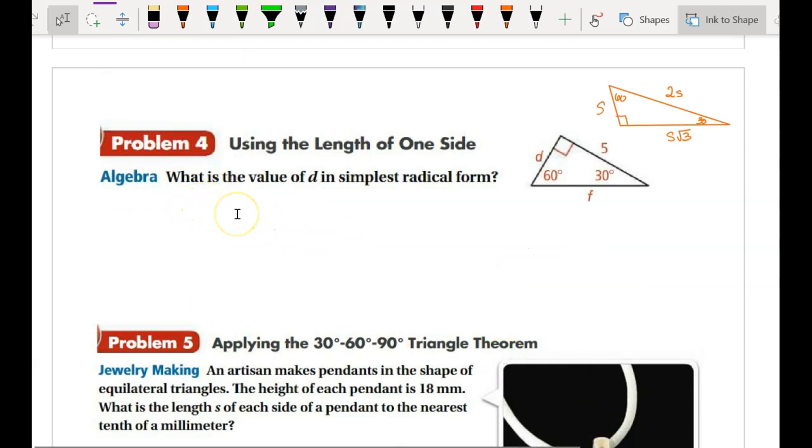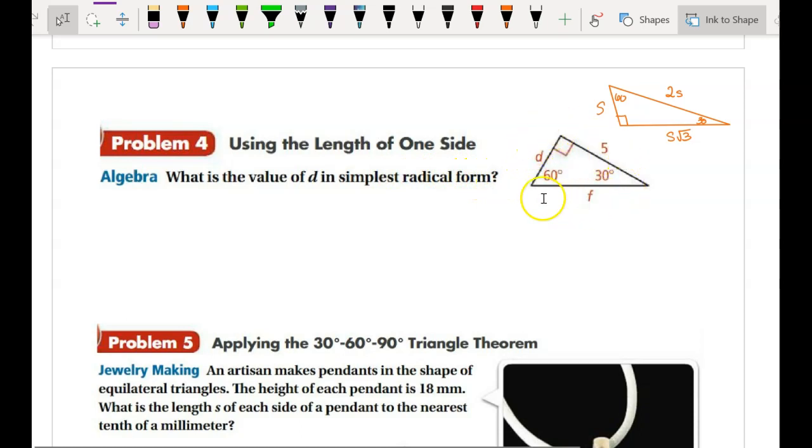Okay, so just be aware this can be a little bit confusing, so feel free to pause and back up for wherever you get confused, if you get confused. So this one, using the length of one side, what is the value of D in simplest radical form?